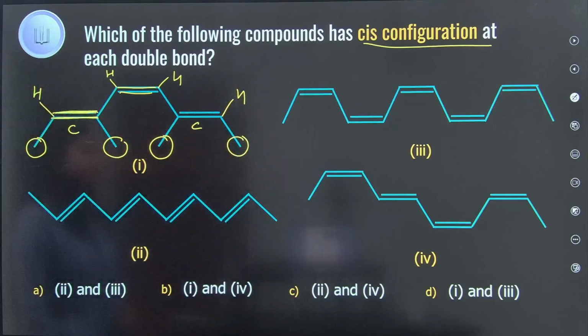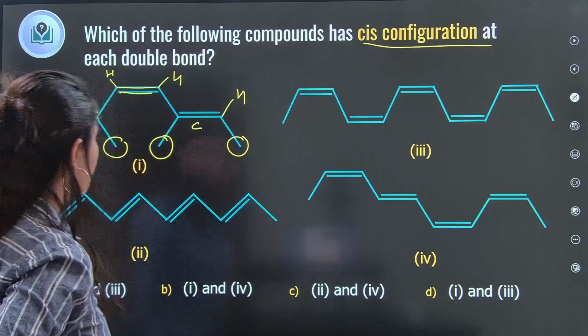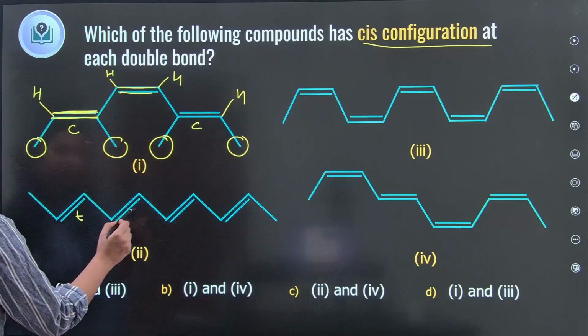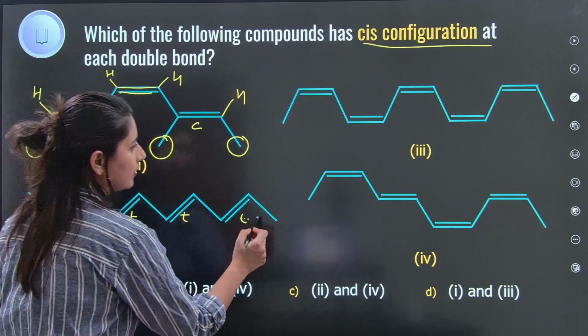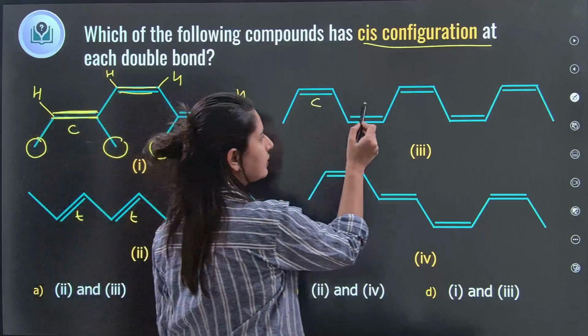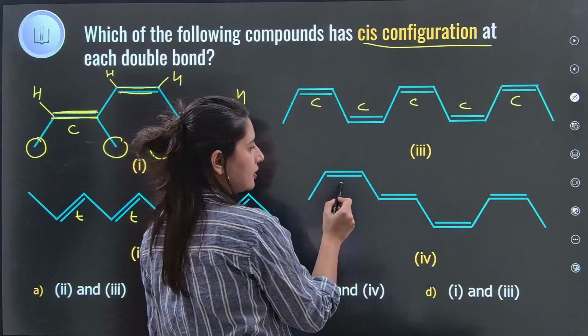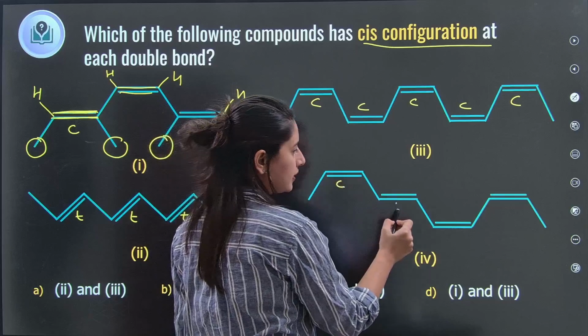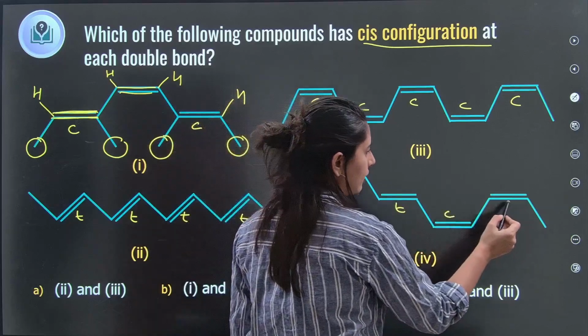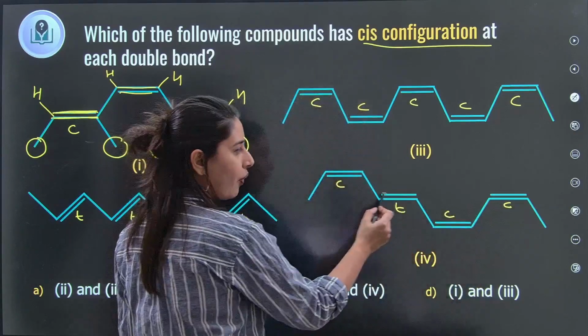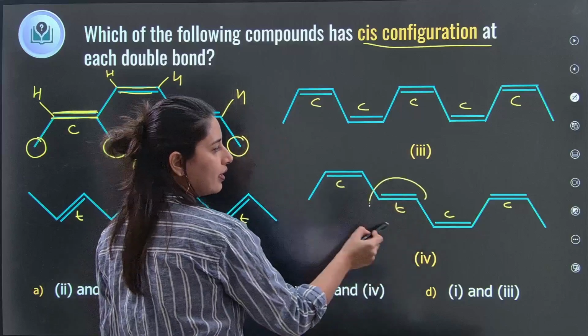Don't you agree? Will you call this system cis and trans? Cis, cis, cis. This is trans, trans, trans and trans. No objection on that. This is cis, cis, cis, cis, cis. This is a cis, but this is a trans. This is a cis and this is also a cis. You have one double bond which is a trans.